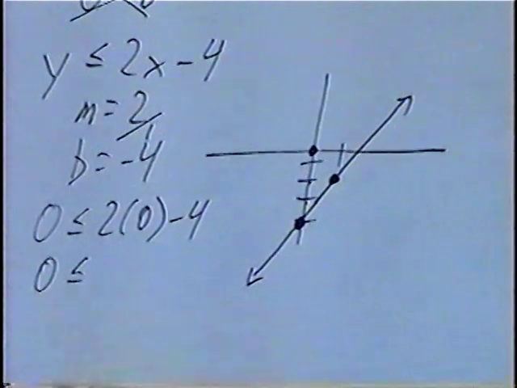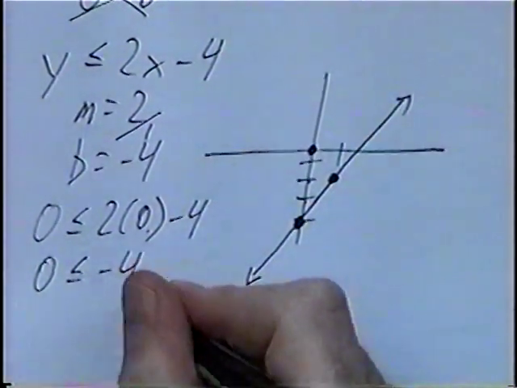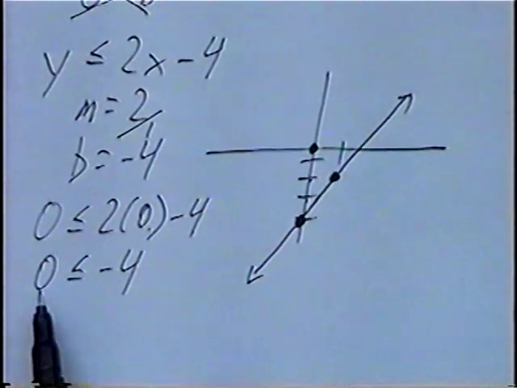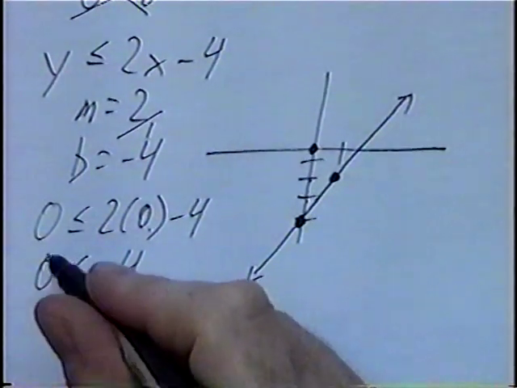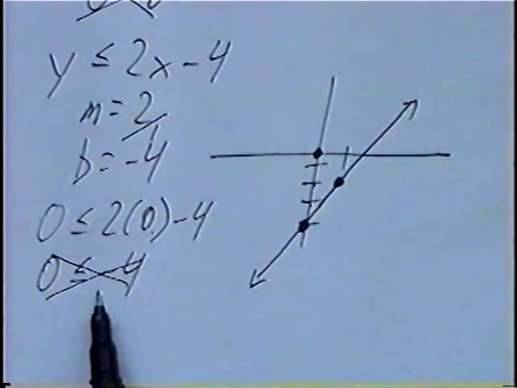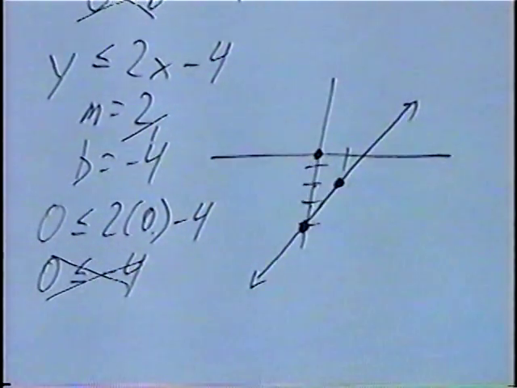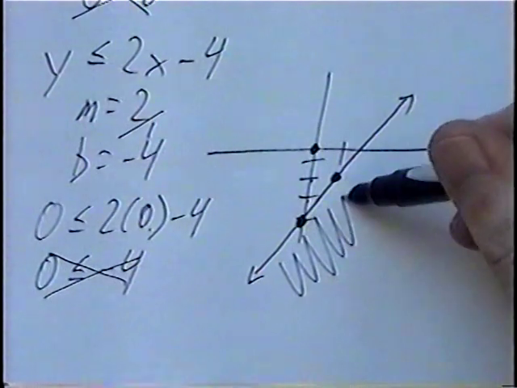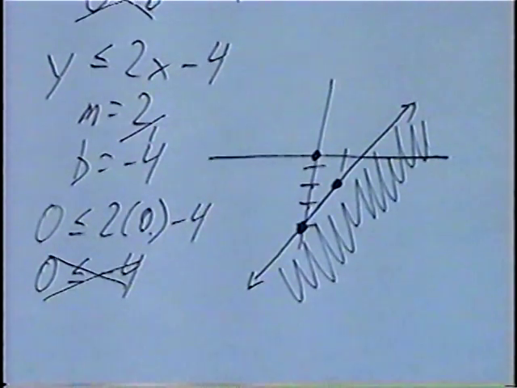So 0 is less than or equal to 2 times 0 is 0, minus 4 would be negative 4. So we have 0 is less than or equal to negative 4, which is a false statement. If it does not work again, that means the point 0, 0 is not shaded, but instead you go to the opposite side and we'll shade the opposite side of the line that does not contain 0, 0.